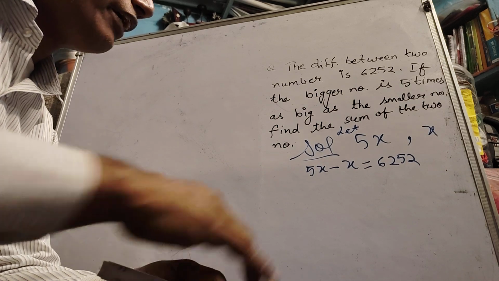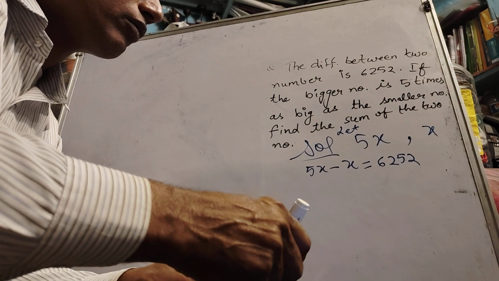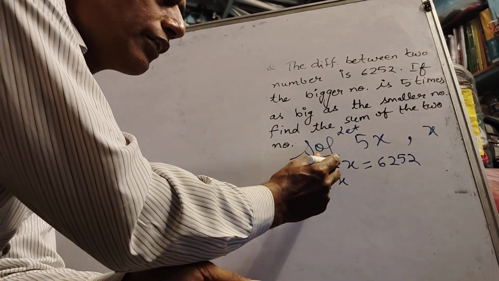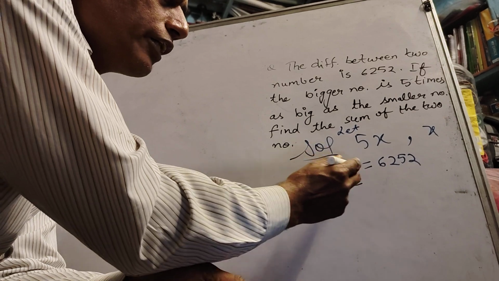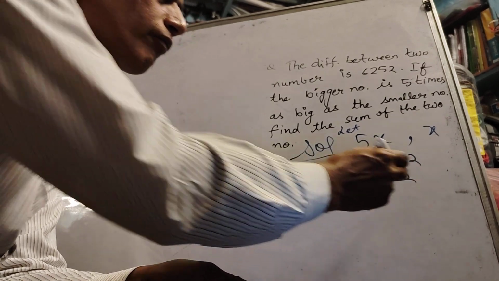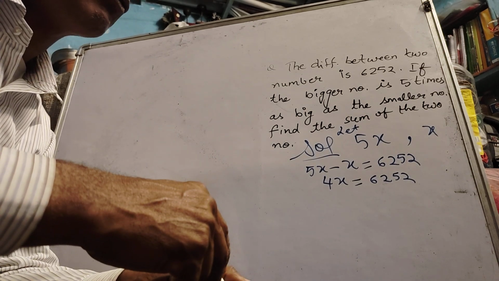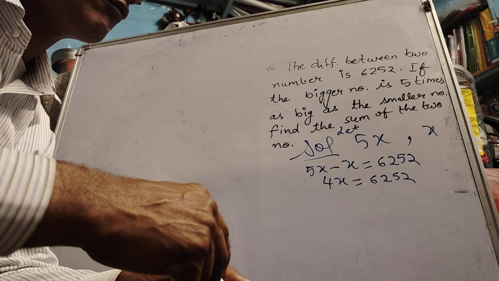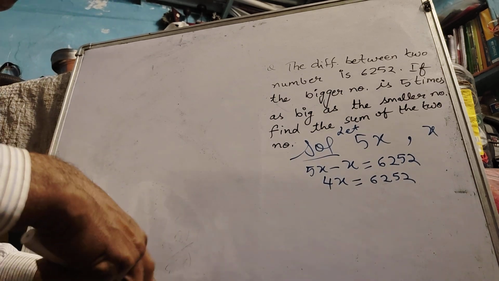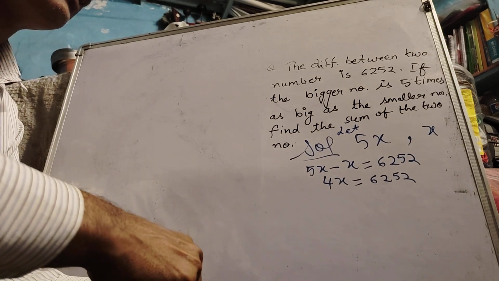So 5x minus 1x is equal to 4x. 5 minus 1 is 4. Now equal to 6252, so 4x equals 6,252. So what is x? x is obtained by dividing by 4.